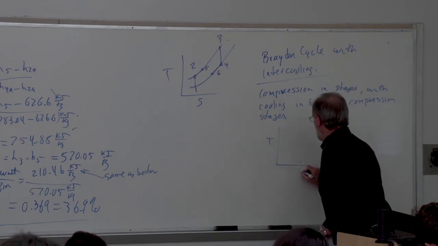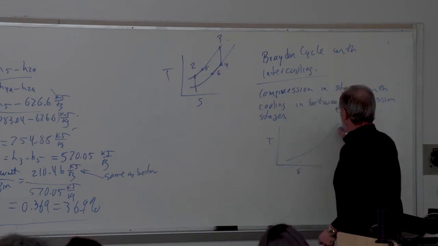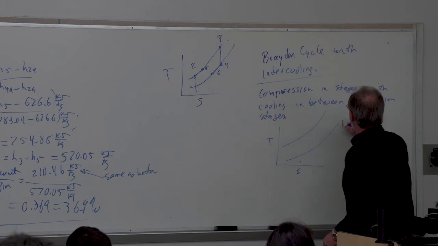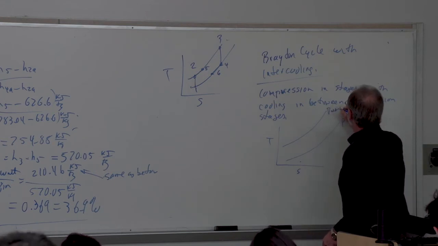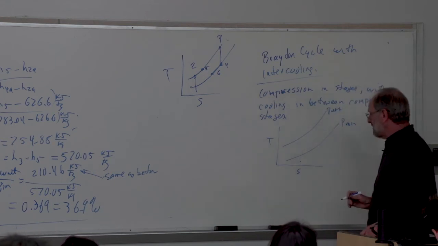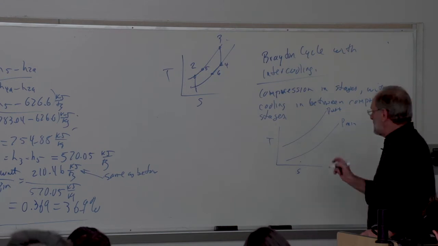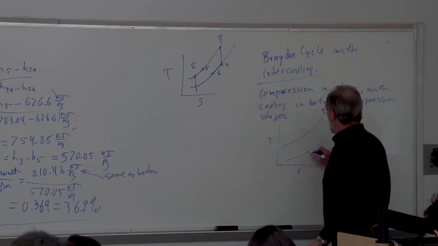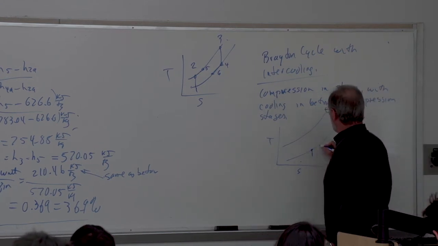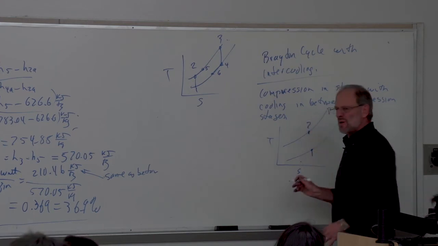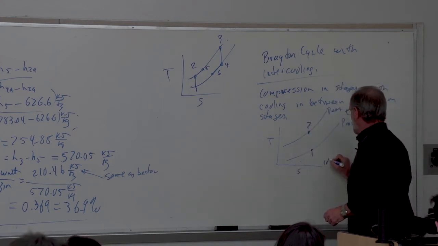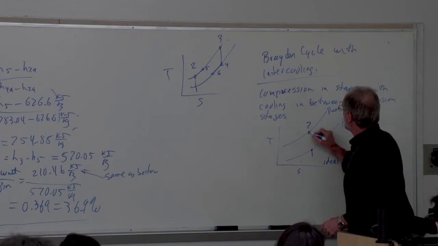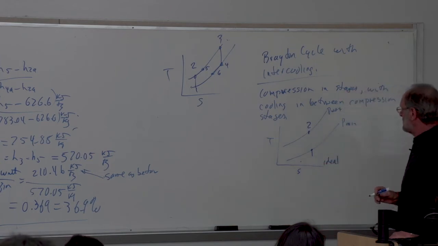Okay, so even before I discuss this, if we were to look at a TS diagram, and let's just show the constant pressure lines. There's some maximum and some minimum pressure in the cycle. What we're going to do is not compress all the way from point 1 up to point 2. And again, for illustration, let's just look at the ideal case so we don't have to mess with isentropic efficiencies at this point.